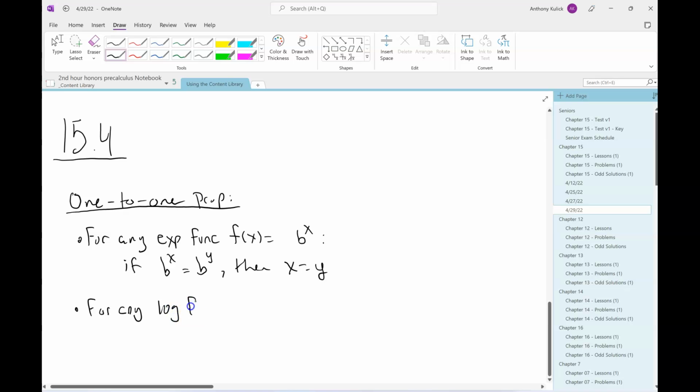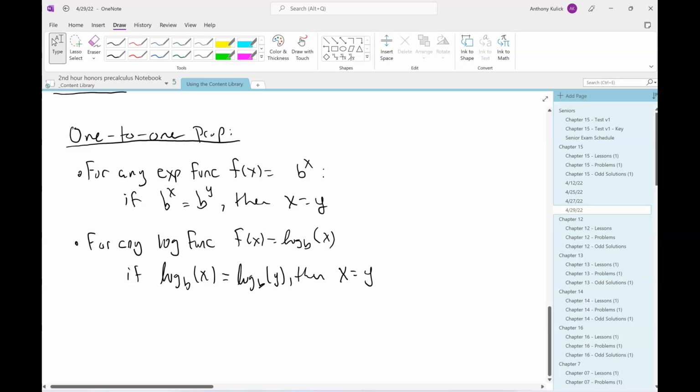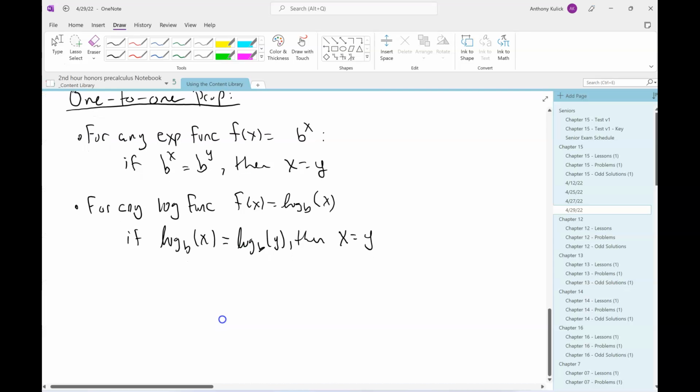And we can say the same thing with regard to logarithms. Everybody's okay with that idea?